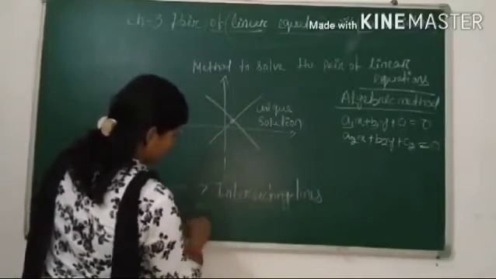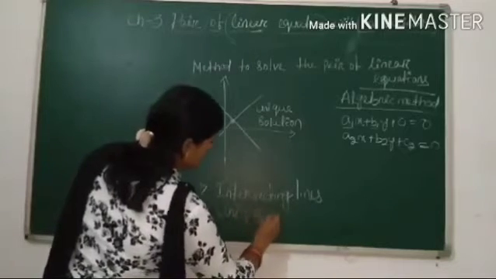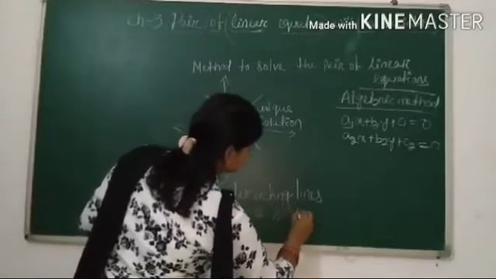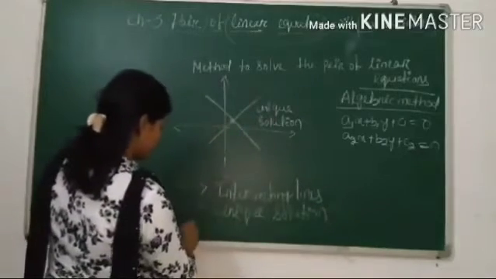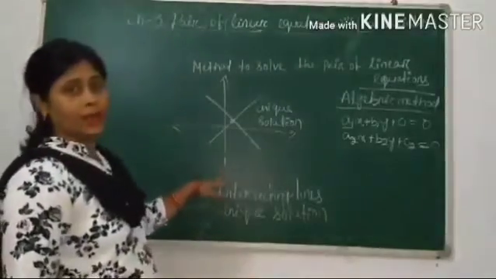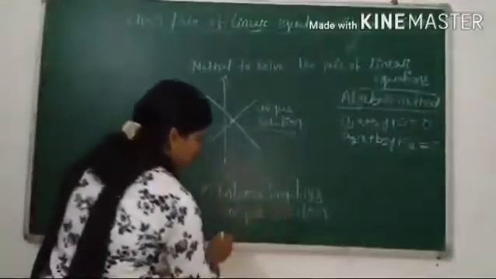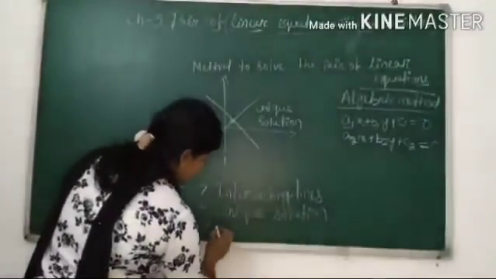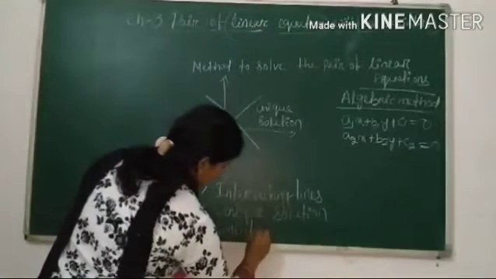And the second one is, a unique solution is possible. And the condition, you know, is A1 by A2 is not equal to B1 by B2. If a unique solution is possible, this type of equation is known as a consistent equation.